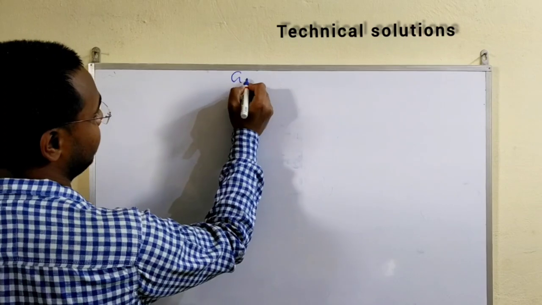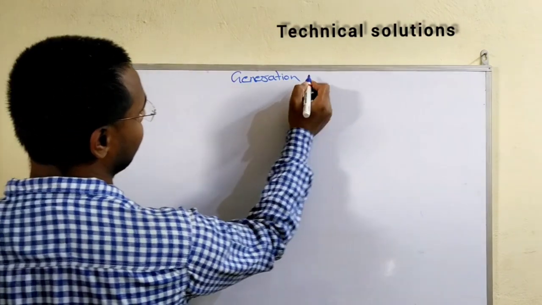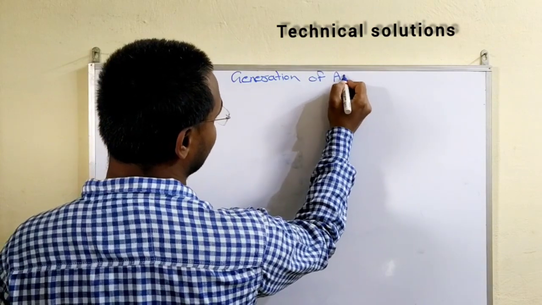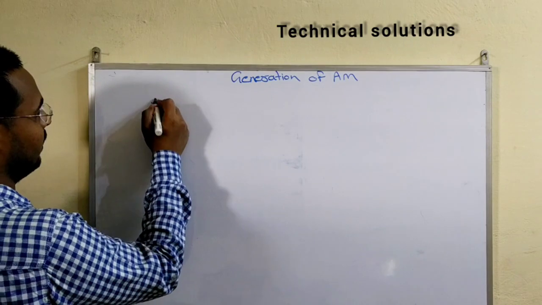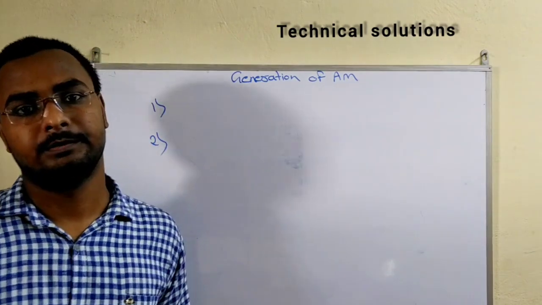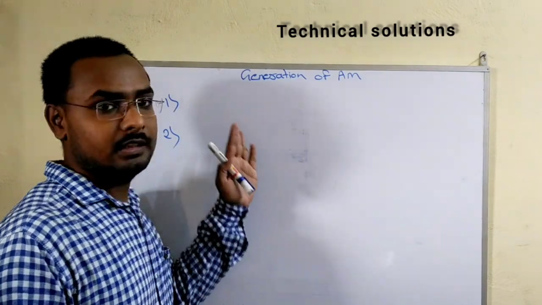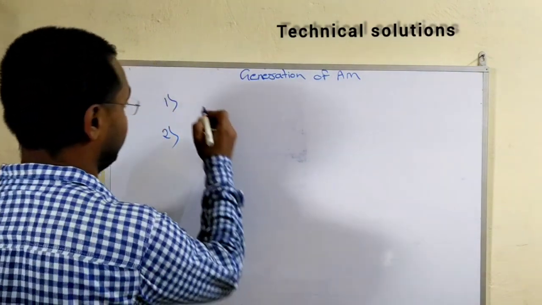Generation of AM. There are 2 methods to generate the AM signal. The first is square law modulator and the second one is switching modulator.